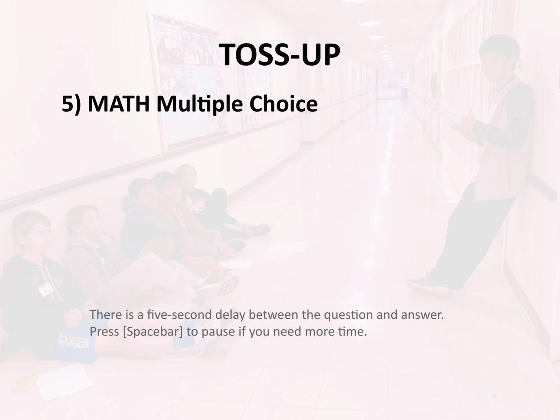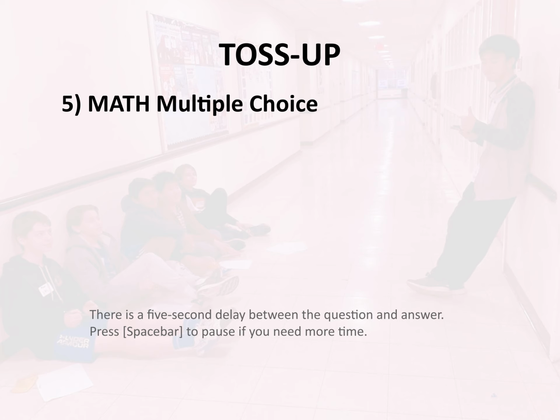Toss-up 5. Math. Multiple choice. Which of the following is correct about the symmetry of even functions? W. They are symmetric about the y-axis. X. They are symmetric about the x-axis.